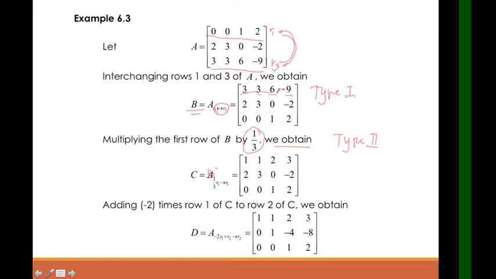Ito yung first row natin ng 1/3. So, 1 times 1/3 is 1. 3 times 1/3 is 1. Ay, sorry pala, 3 times 1/3 dyan. 6 times 1/3 is 2, and 9 times 1/3 is 3. So, ang target natin kanina is maging 1 yung pinaka-leading, or yung pivot niya.